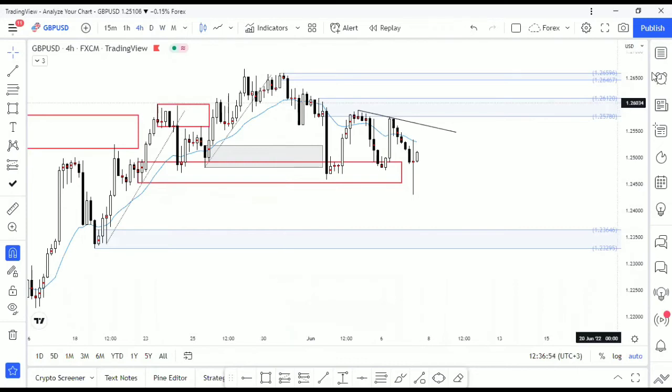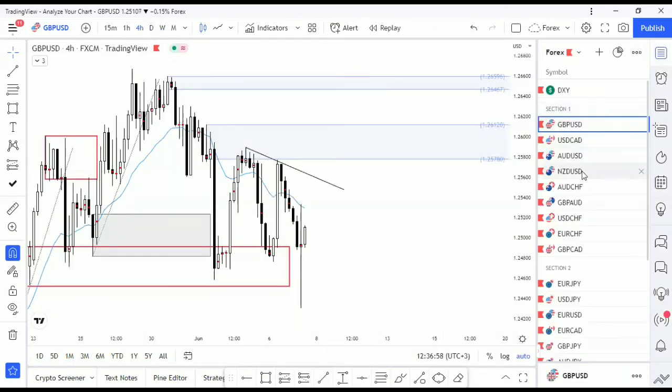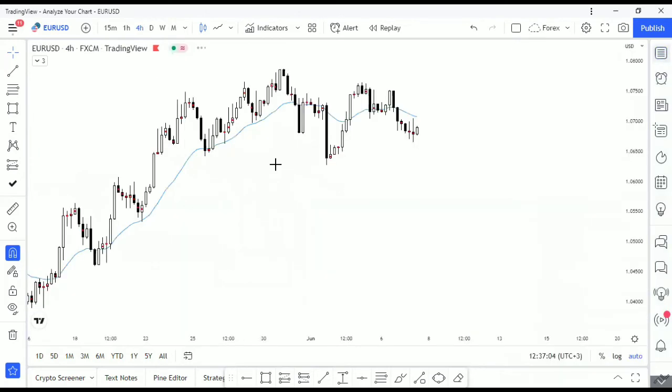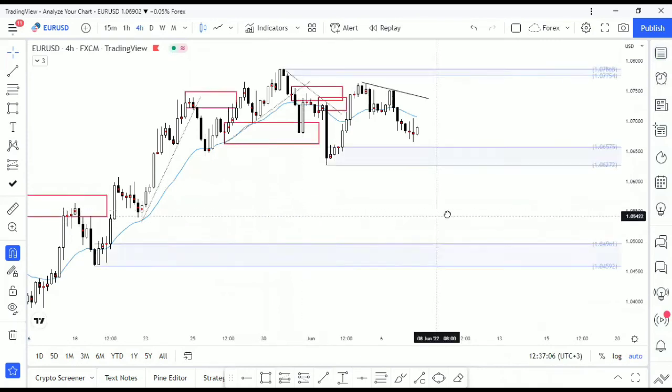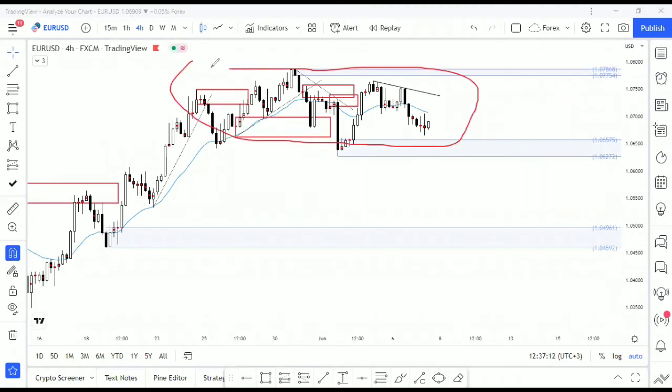This is GBPUSD, and another pair that I would like to speak to you about is EURUSD. EURUSD also seems to be bearish, though we don't have a good price action around these areas. Here price is still ranging, so I'll be monitoring very closely to see if I'll get a selling opportunity.